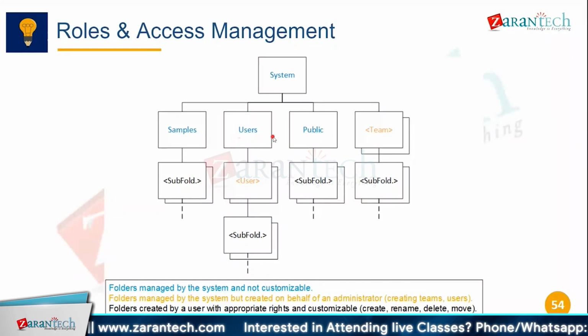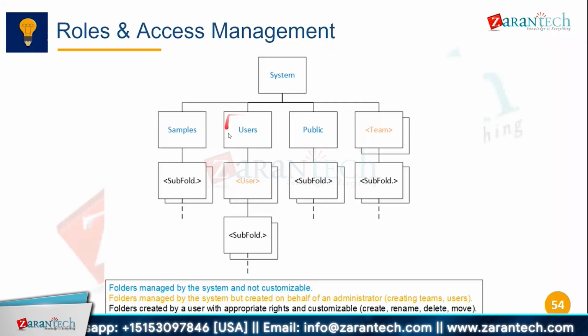Then next is the users. So basically all the users who are created in the system will have their own private folders. If you see in your system, there is something called My Files, which is private. My Files is part of this users folder. So every user will have a private folder created for himself where they can create their own objects.